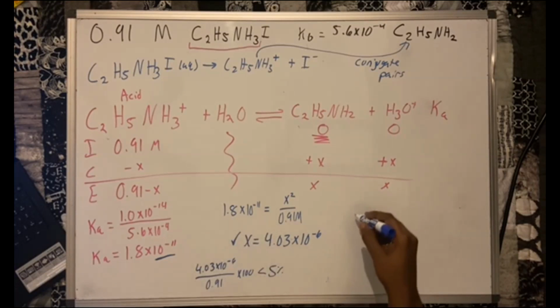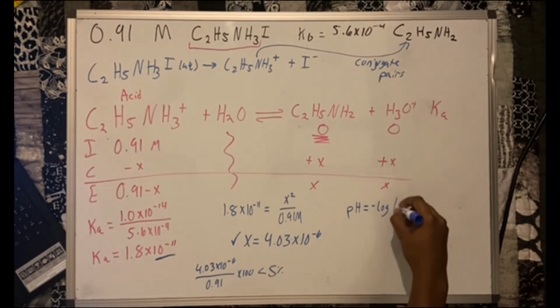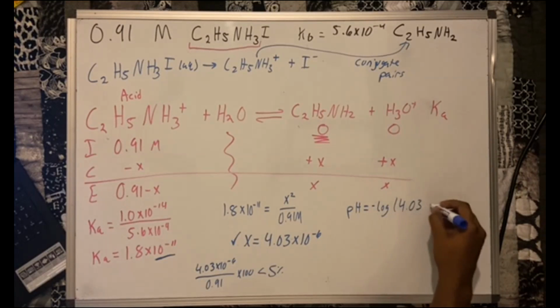And finally, pH. Again, we have H3O plus, so I can just do the negative log of my x, which is 4.03 times 10 to the negative 6.